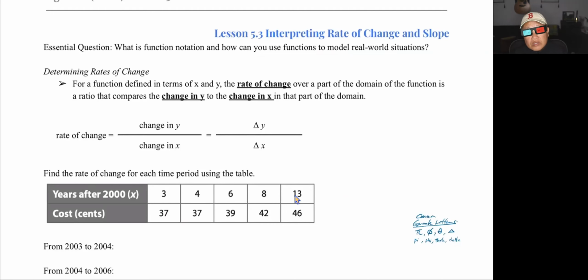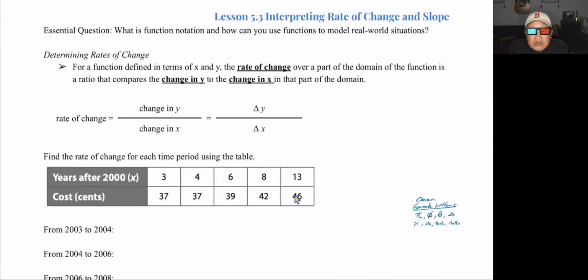So the essential question is, what is a functional notation, and how can you use functional notation to model real world situations? I think context in this case, it's a linear function. Anyways, let's get going. So we need to determine the rate of change.